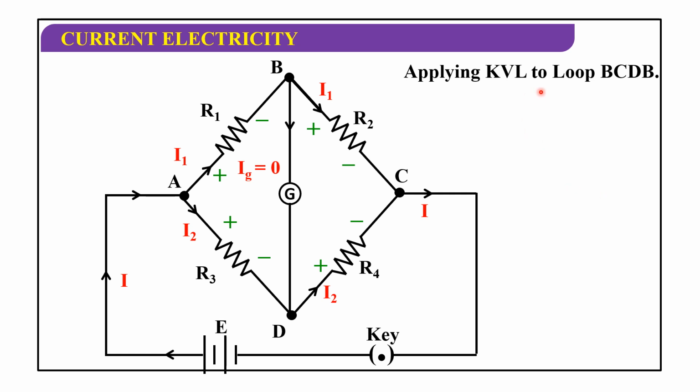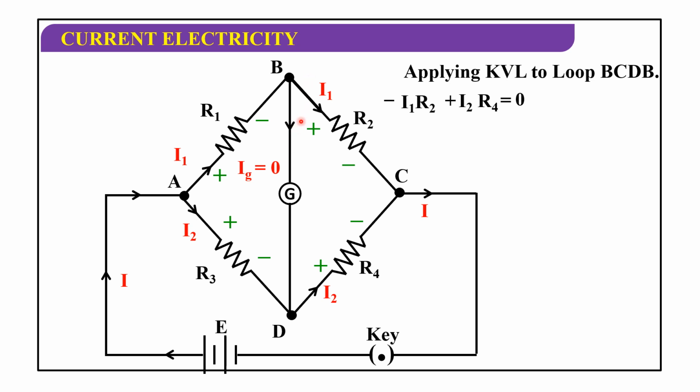Now applying KVL to the loop BCDB: I1 R2 minus I2 R4 is equal to 0. This is true because there is no IG, that means no current is flowing through the galvanometer.